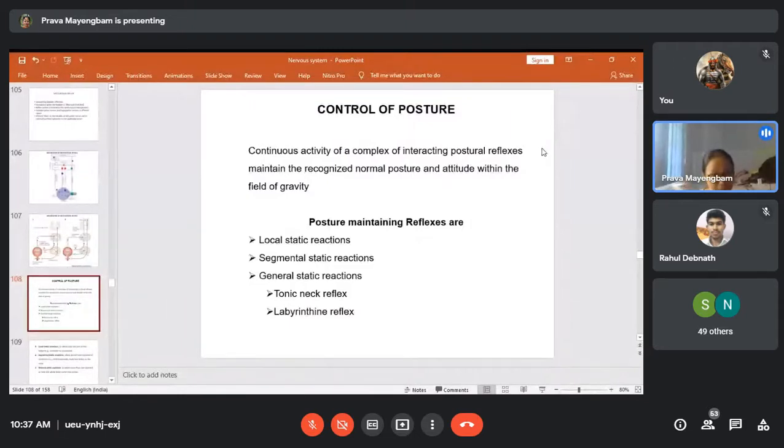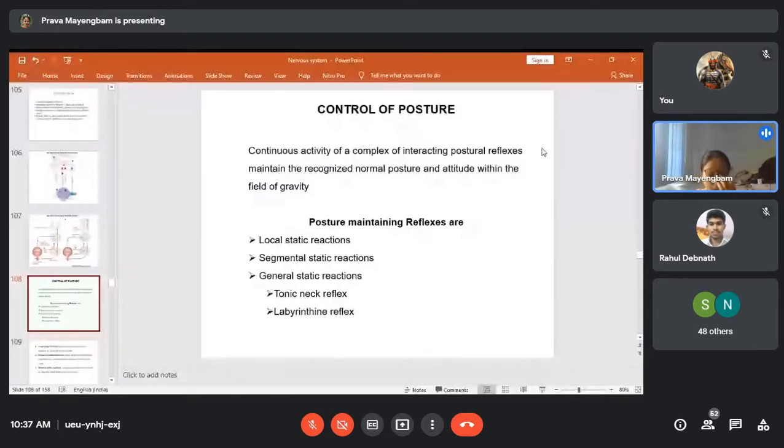It has to be a number of complex reflexes working together, and their working together is happening continuously. And the interaction from one reflex to another reflex is complex, not simple.